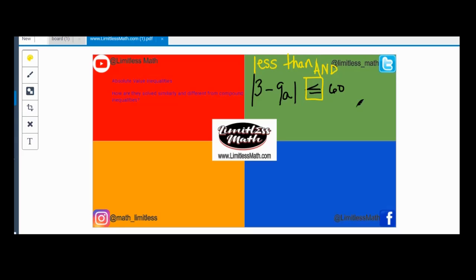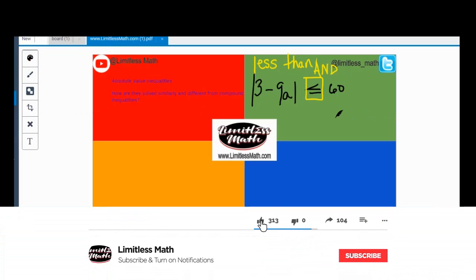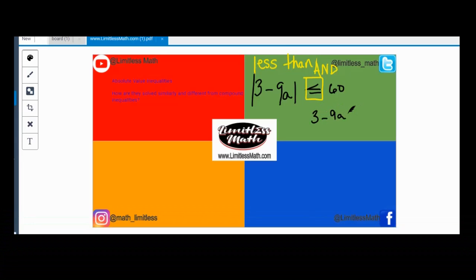So now we need to rewrite this inequality as a compound inequality for and. Very simple. We're going to take our 3 minus 9a, which is less than or equal to 60, and come over here on the other side. That term is going to be greater than or equal to negative 60.